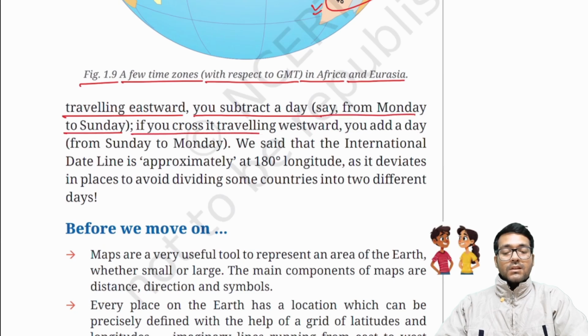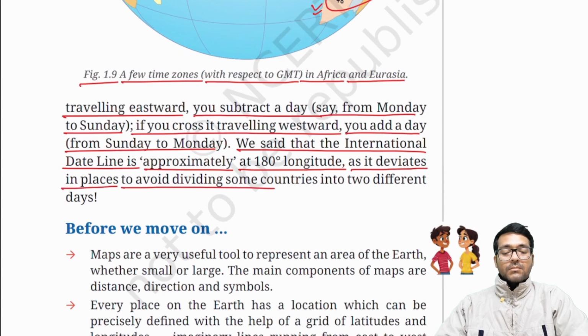If you cross it traveling westward, you add a day, from Sunday to Monday. We said that the international date line is approximately at 180-degree longitude, as it deviates in places to avoid dividing some countries into two different days.